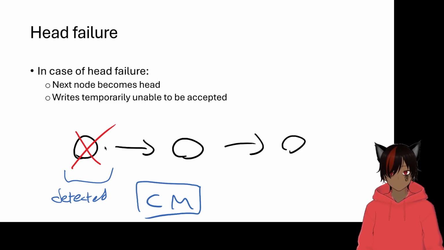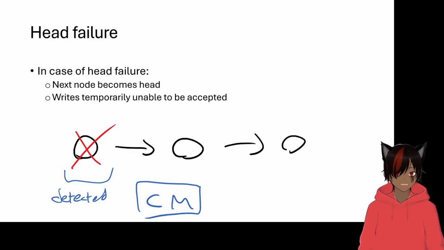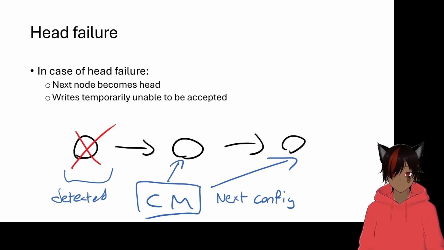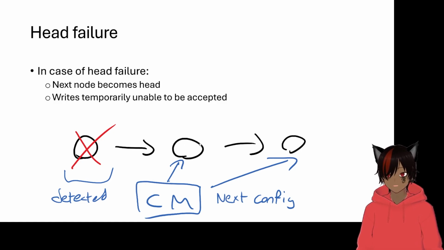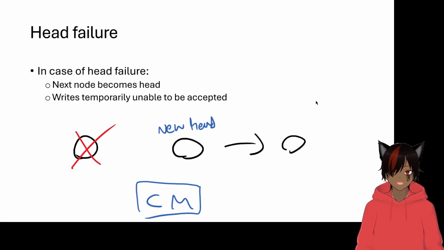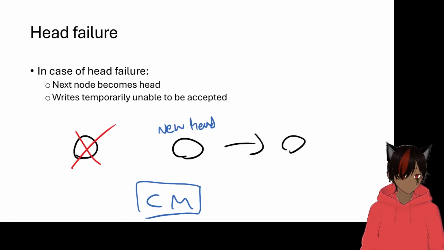And oh no, looks like the head has stopped sending these heartbeats, and we have to assume that it's dead, even if maybe the network just went down or something, right? But anyhow, the cluster management software detects it and sends a new configuration to the rest of the nodes saying, "Hey, the linked list has got to change, guys, and you, node number 2, are now the head." And we get rid of that link, and now writes can be accepted again.